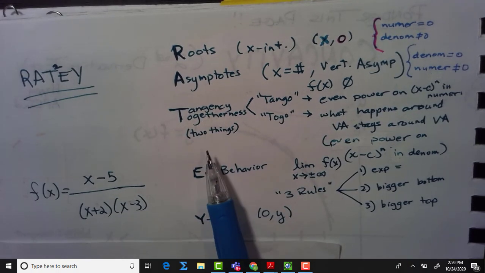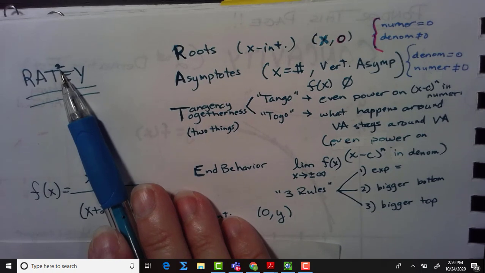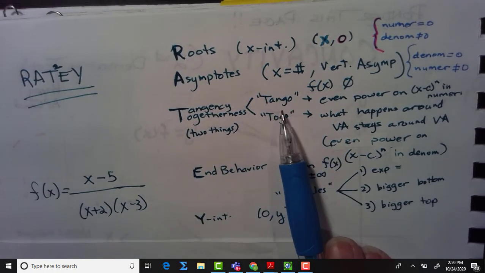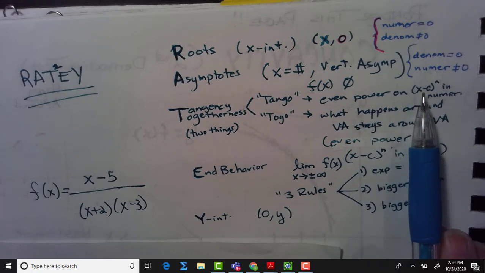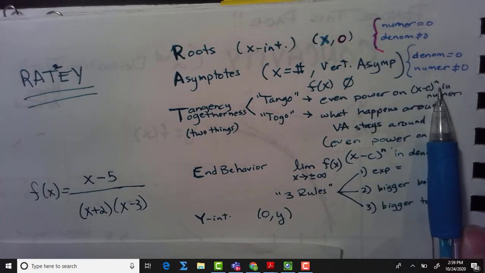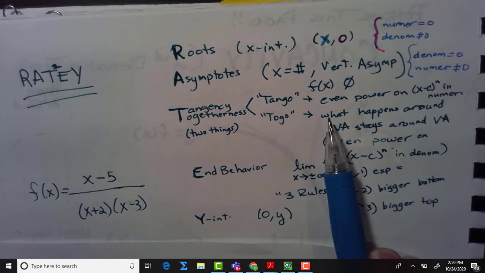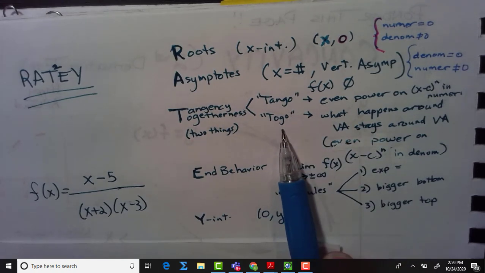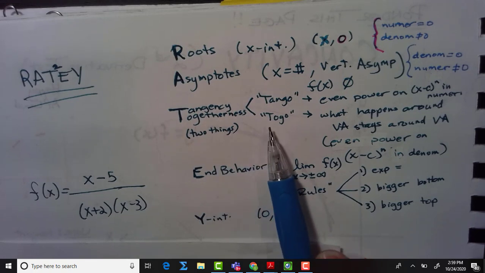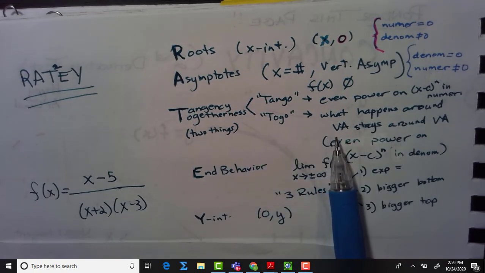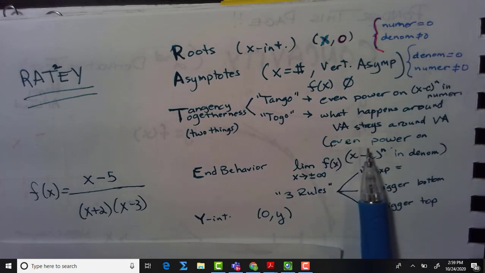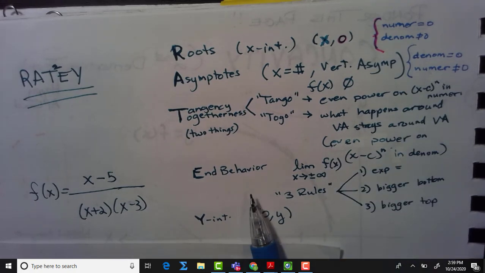T stands for two things, that's what the 2 is for. Tangency and togetherness. I write TANGO. In other words, an even power on our (x minus c) to the n in the numerator will give tangency. In other words, we will bounce off of the x-axis for our root. And TOGO, togetherness, what happens around the vertical asymptote stays around the vertical asymptote if we have an even power on that (x minus c) to the n.